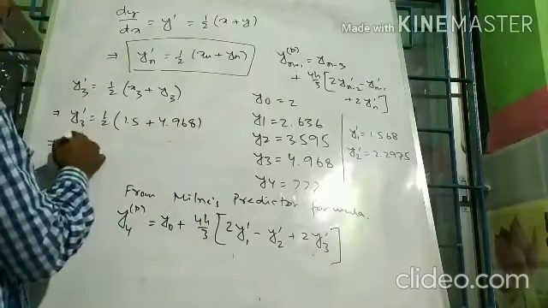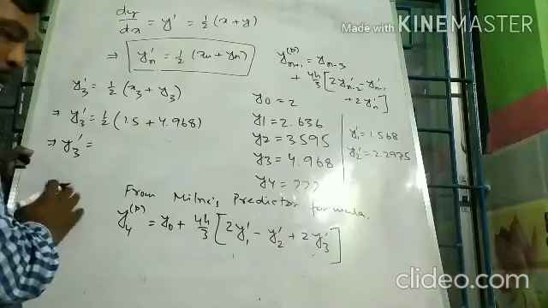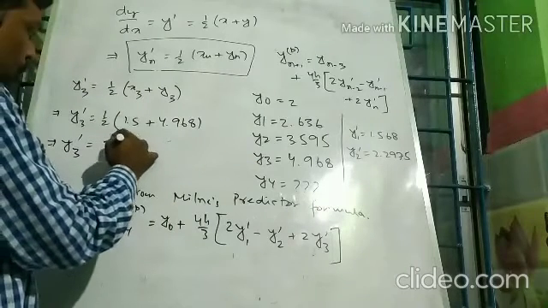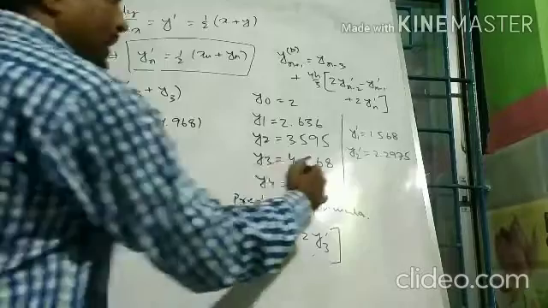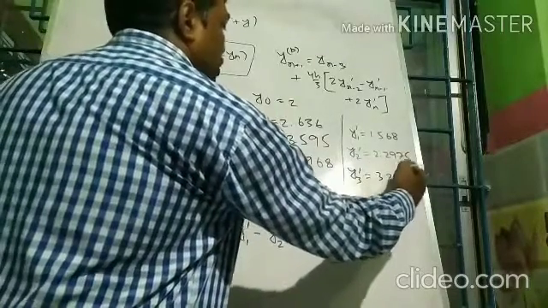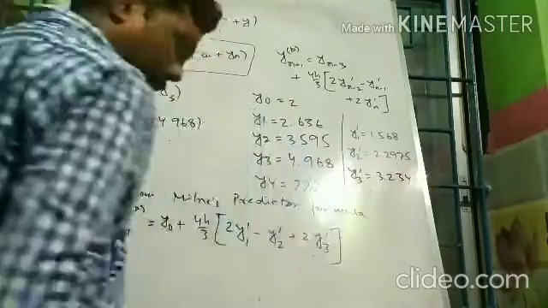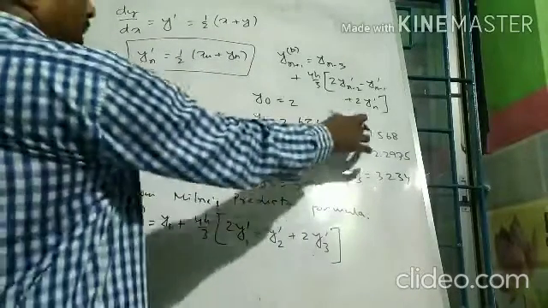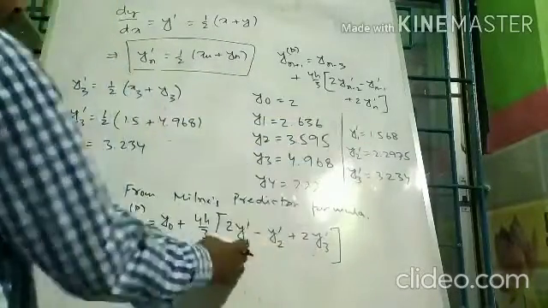So y3 prime equals 3.234. So put all these values, y1 prime, y2 prime, y3 prime here.